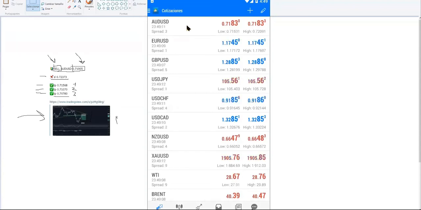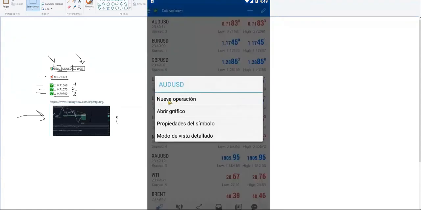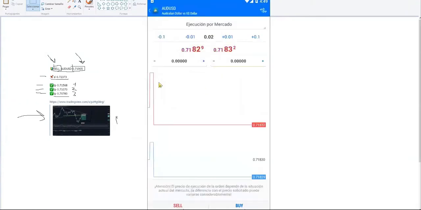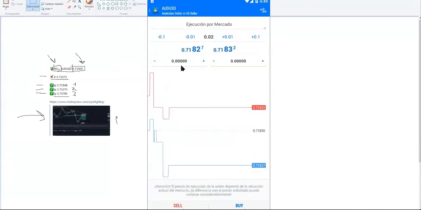So the first thing you need to do is click here. You're gonna click on the first option, new trade. And now we're gonna use the numbers that we have on the right side of the screen. So what you need to do now is follow this signal. We're gonna enter at 71,905.